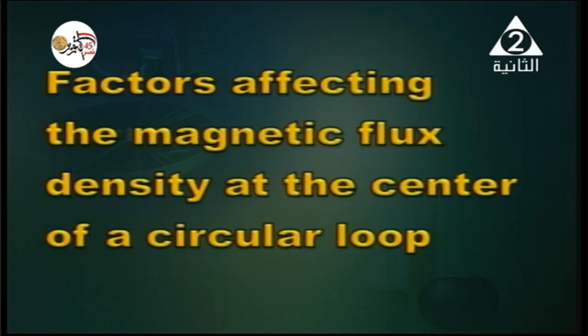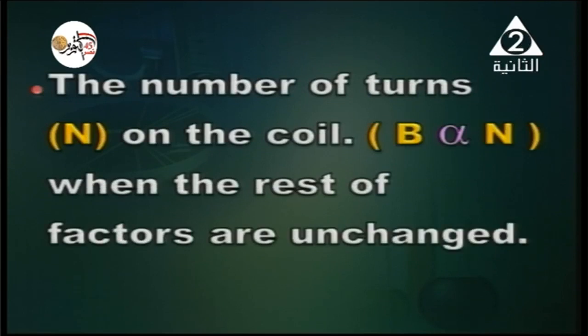And now talking about the factors affecting the magnetic flux density at the center of a circular coil. The factors are, of course, known from the expression. So first of all, the number of turns on the coil. Magnetic flux is directly proportional to the number of turns.